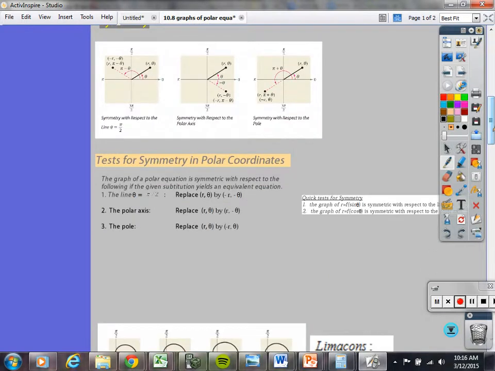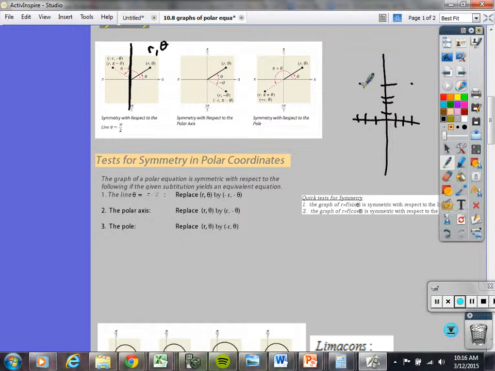This is what the three types are. You have symmetry about pi halves, the line pi half. Once again, that's this. So if you have r theta, if your symmetry about line is pi half, just tell me, if I did an xy coordinate, if I'm up 4, over 3, what would be the point symmetrical to this point over the y-axis? -3, 4, right?